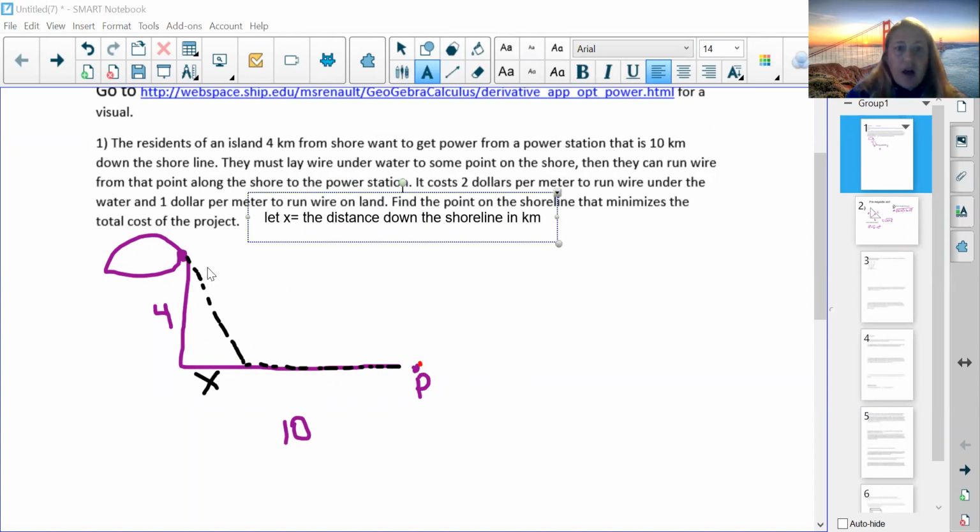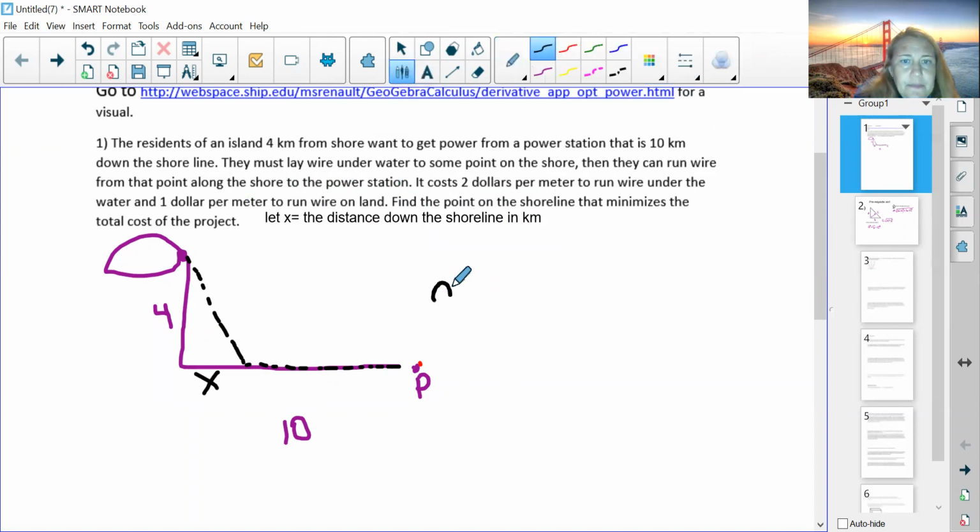So let's first of all write a formula for the total distance that I would travel there. So a formula for the distance. What did we do in the prerequisite skills? Right, this is the hypotenuse of a right triangle. What did we say the hypotenuse of the right triangle was equal to? Okay, it was equal to the square root of the sums of the legs squared.